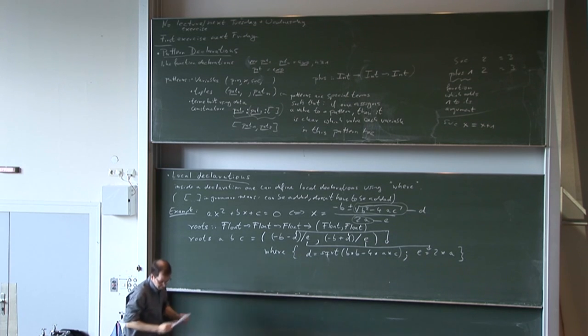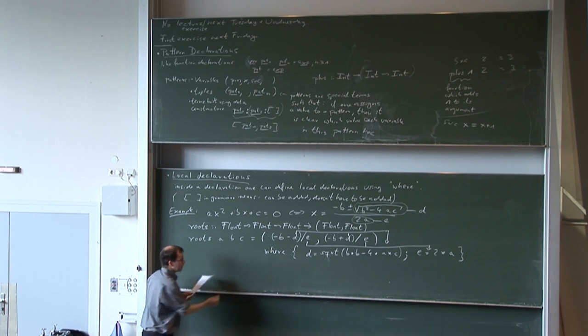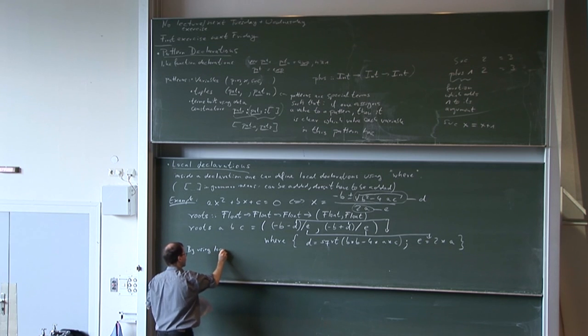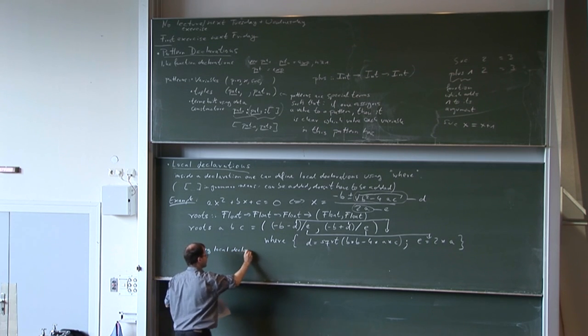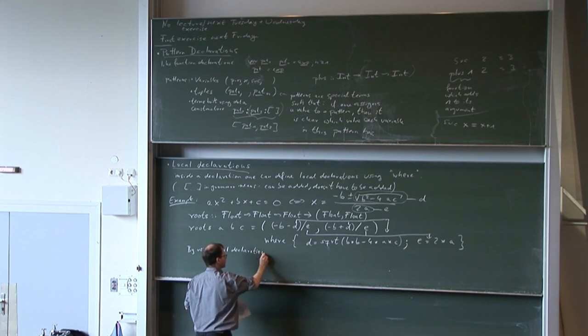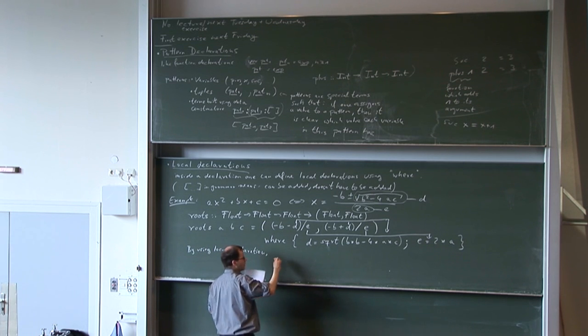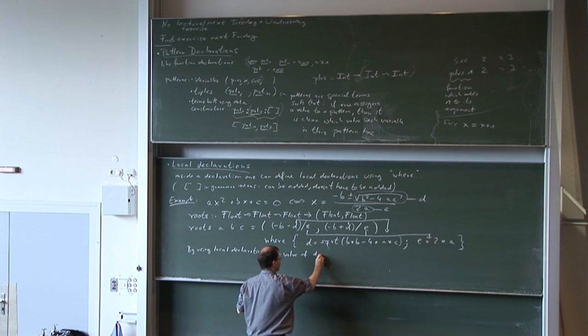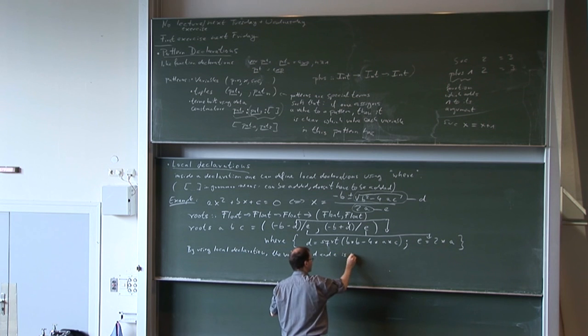So the important remark is, by using a local declaration, the value of D and E is only computed once.